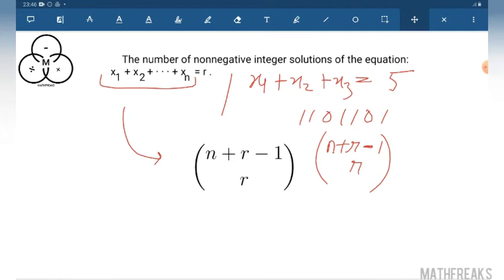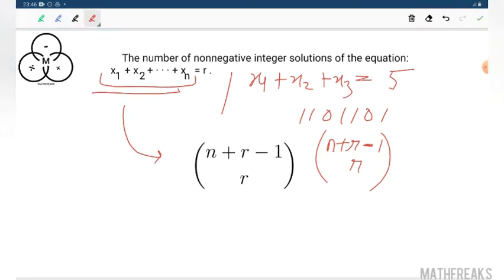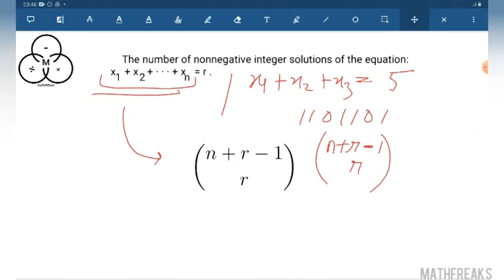Using this formula, we can find the number of non-negative integer solutions of an equation. So this can be used to solve Diophantine equations. These are a kind of linear Diophantine equation, to find the total number of solution ordered pairs of a Diophantine equation.